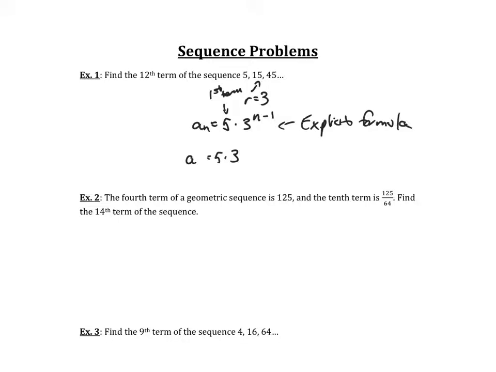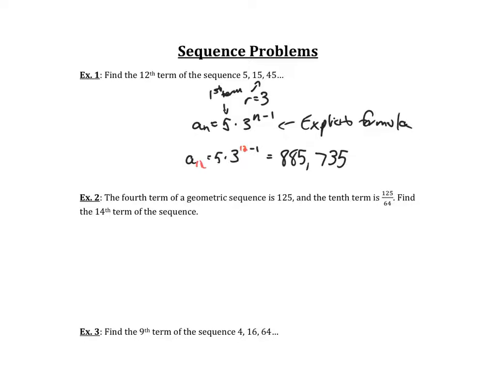If I want to find a sub 12, I need to plug in 12 in both spots. So you can see in red where it's 12, a sub 12 equals 5 times 3 to the 12 minus 1. If you do that out in the calculator, make sure you raise 3 to the 11th power first before you multiply by 5. If you do that, you get 885,735.